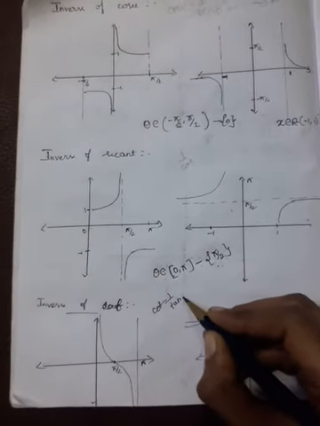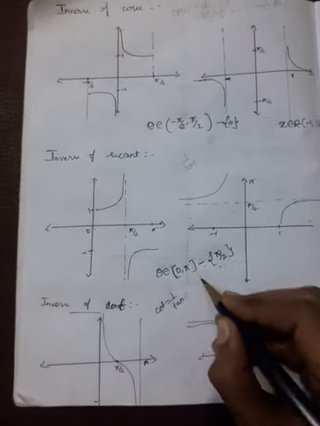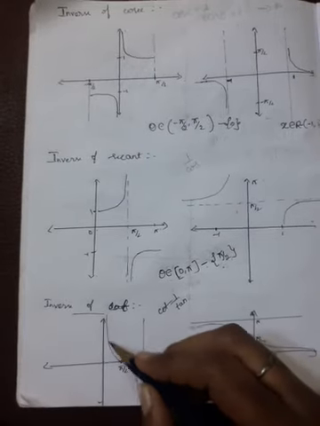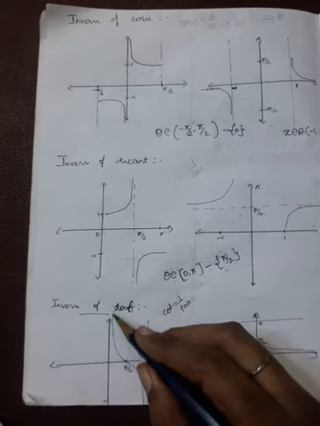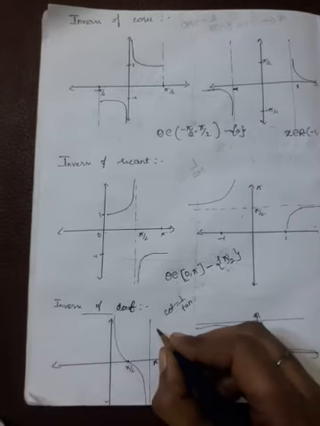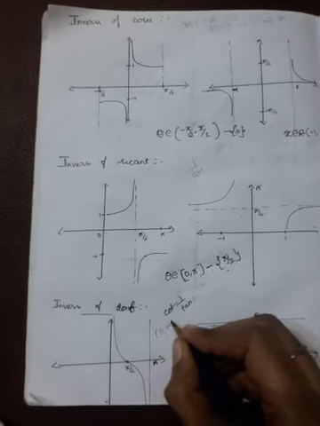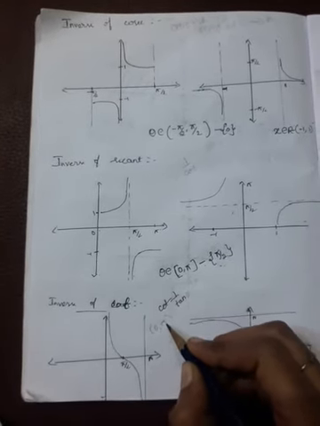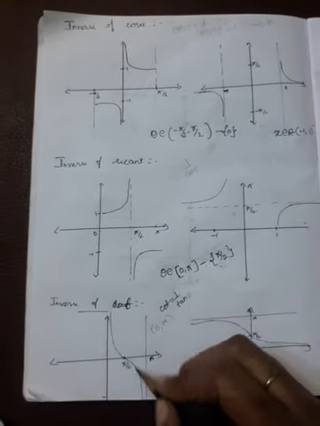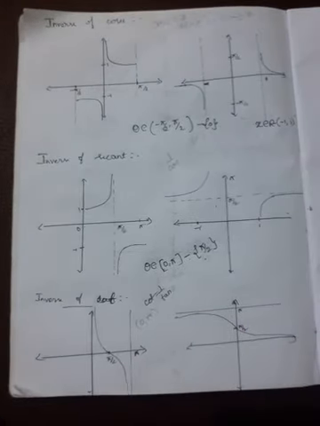Tan 0 is 0, so it tends to infinity. Therefore this is not valid at theta equal to 0. Therefore cot value varies over the open interval 0 to pi. Understood? Therefore the domain value is 0 to pi and the codomain value is the whole real number.